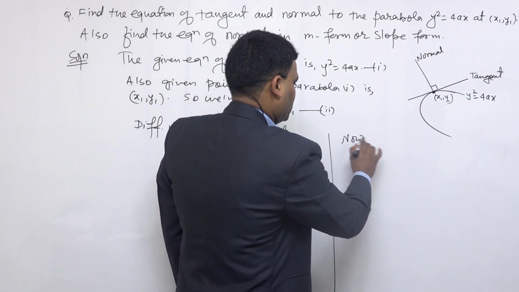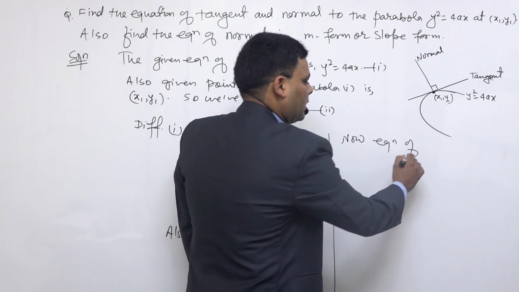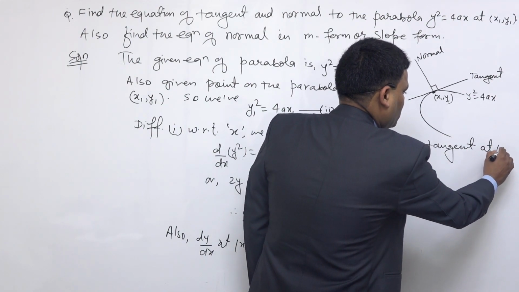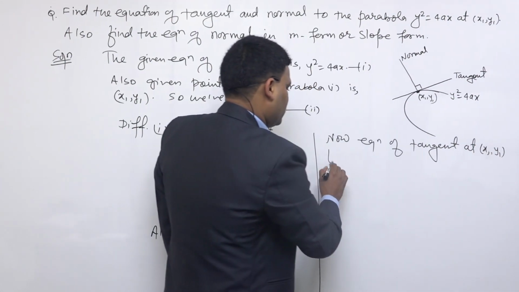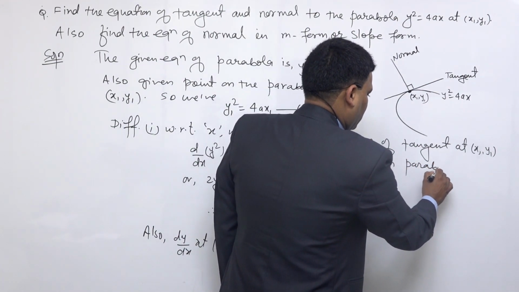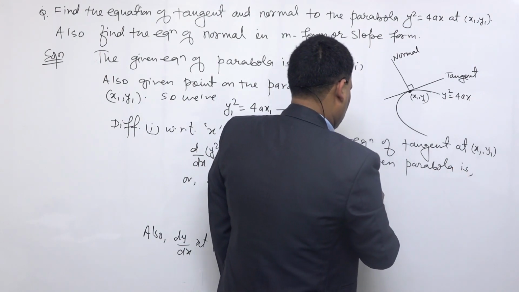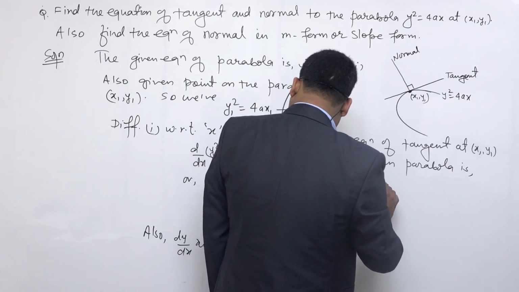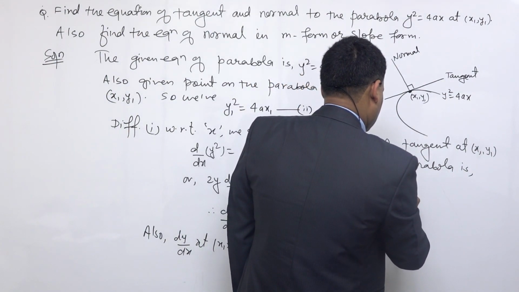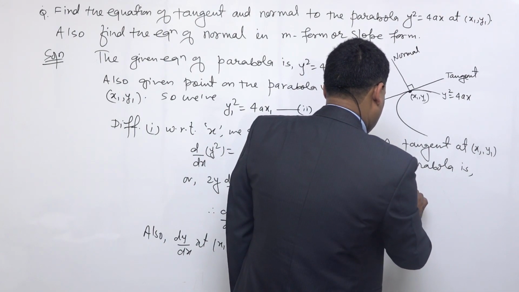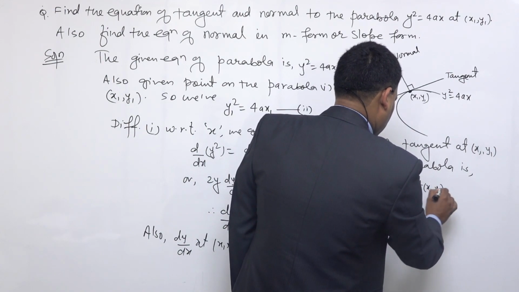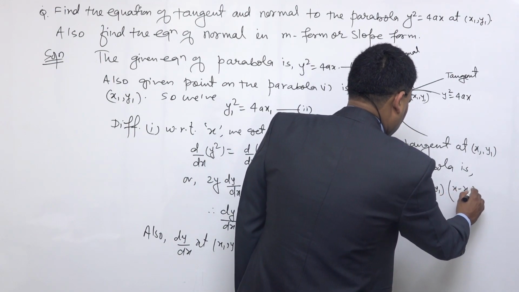Now the equation of tangent at x1 y1 to the given parabola is y minus y1 equals to dy by dx at x1 y1 into x minus x1.